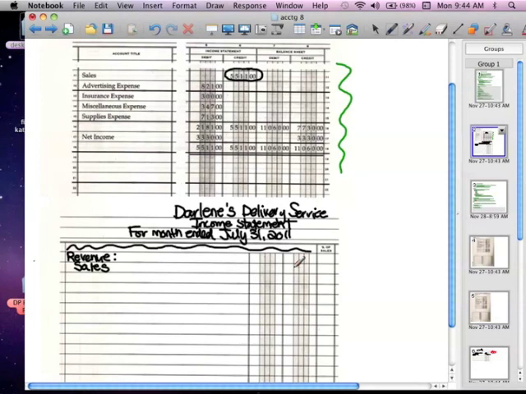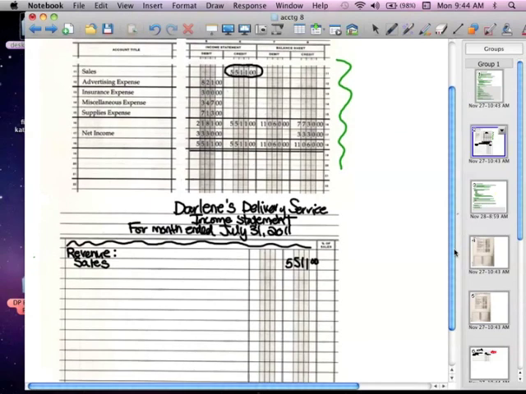So we're going to write the 5,511 over here where my pencil is. No calculations are going to take place. That's why we're going to write it over here. So sales is the only revenue account, so we're done with that particular section for right now.